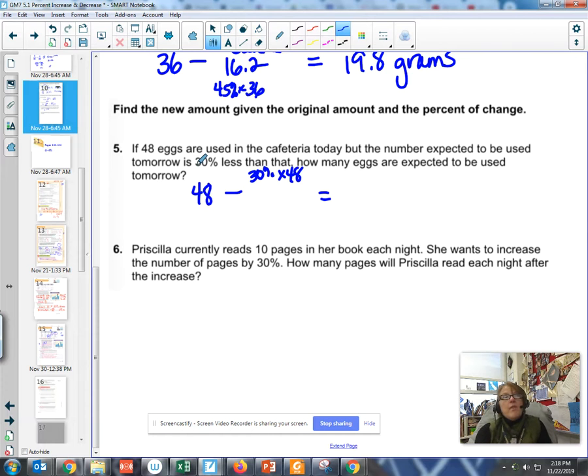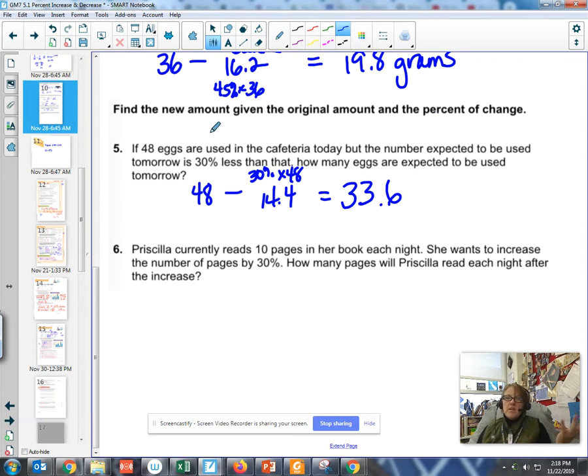So figure out what 30% of 48 is. Oh, now this is kind of funny. 30% of 48 is 14.4. We're going to talk about this in a second. If you take that 48 and subtract 14.4, we get 33.6.